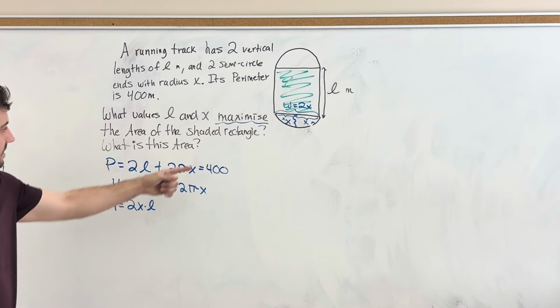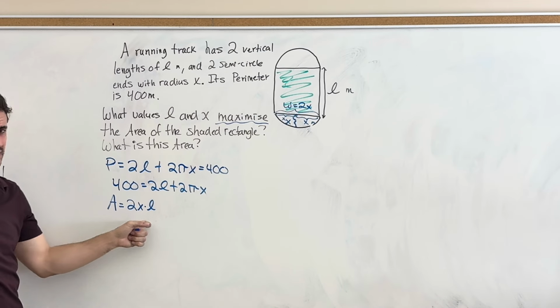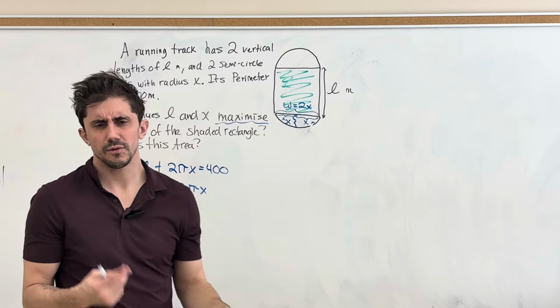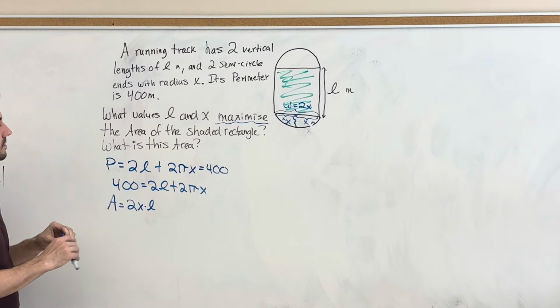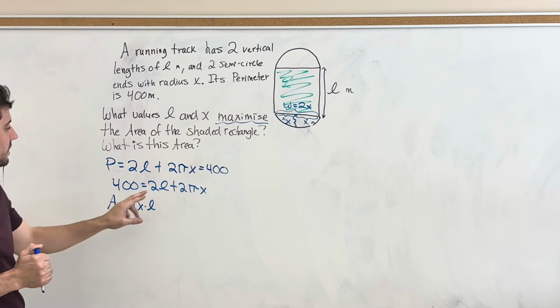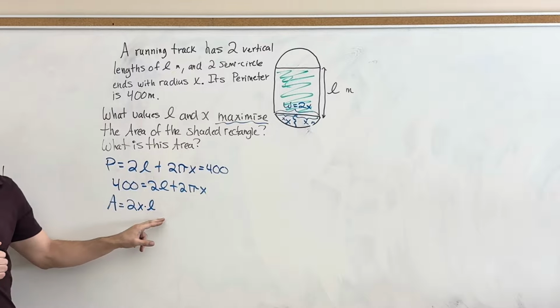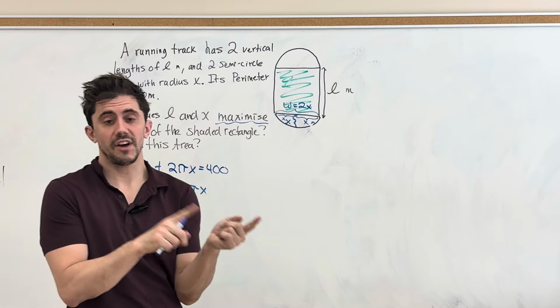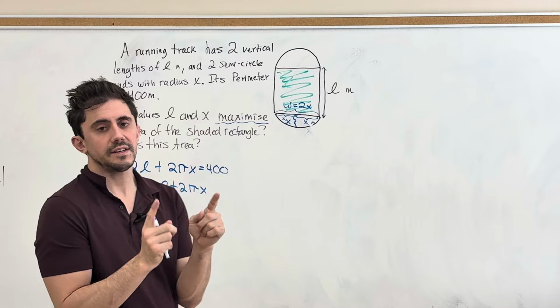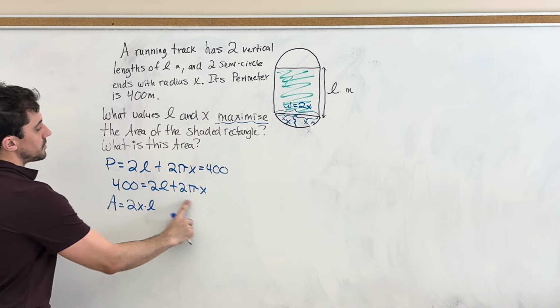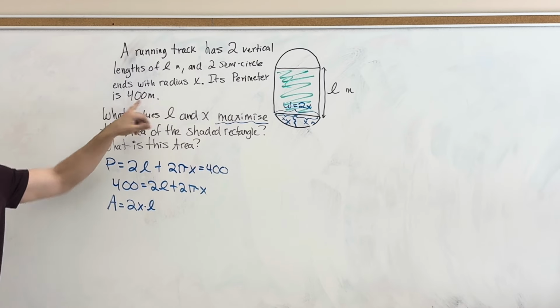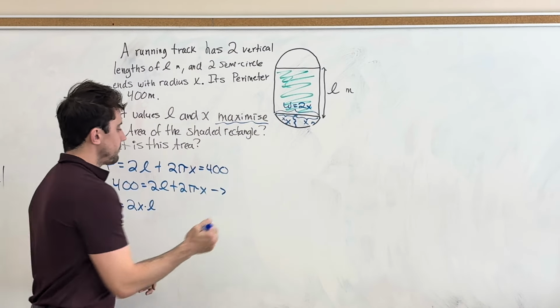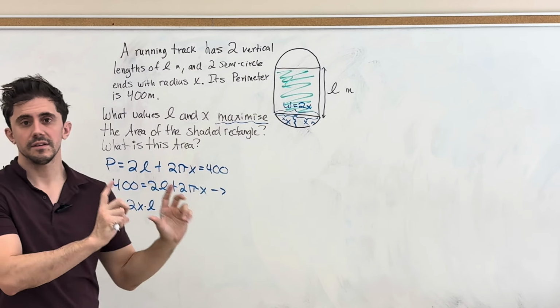Now, we can't maximize a function, at this moment at least, with two seemingly independent variables. So we're looking to find a way to relate x to L, to write L in terms of x, or vice versa. We can use the equation that we got from the information about its perimeter and rewrite it to have either L or x isolated.